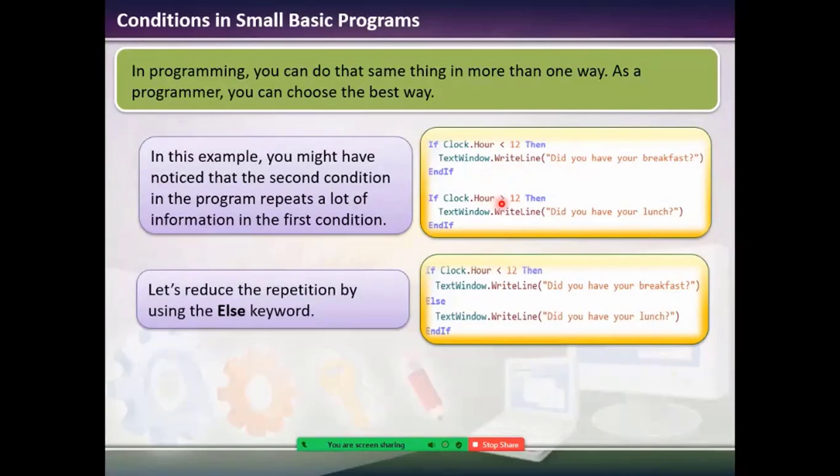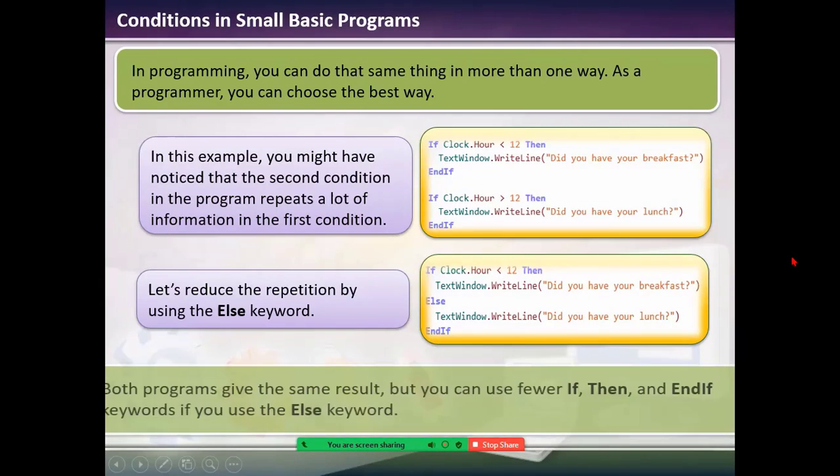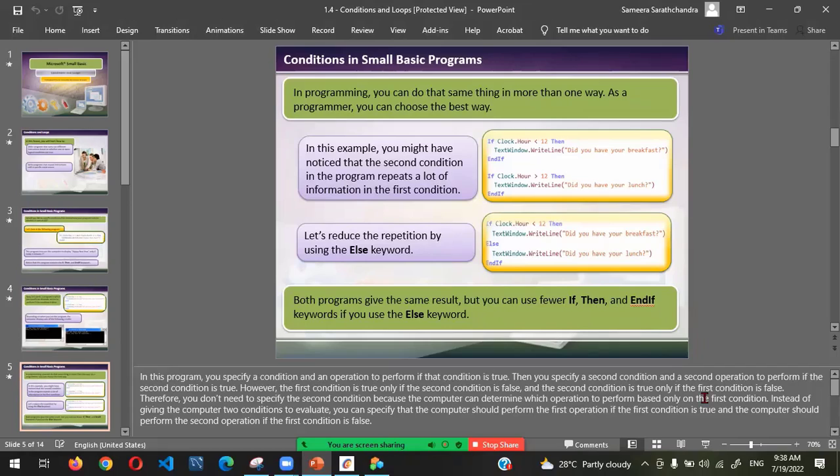Instead of repeating twice, we can modify the code segment like this. Instead of repeating, we can use the else keyword. So let's move to here. You can see that.